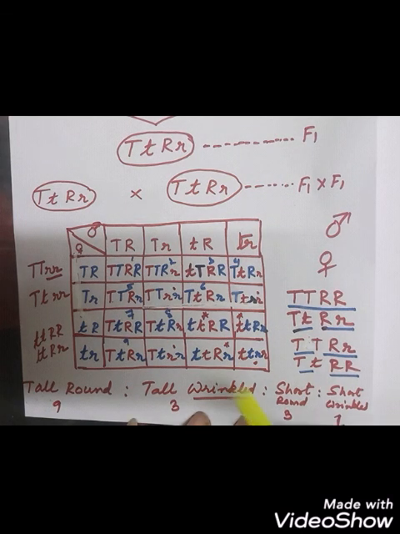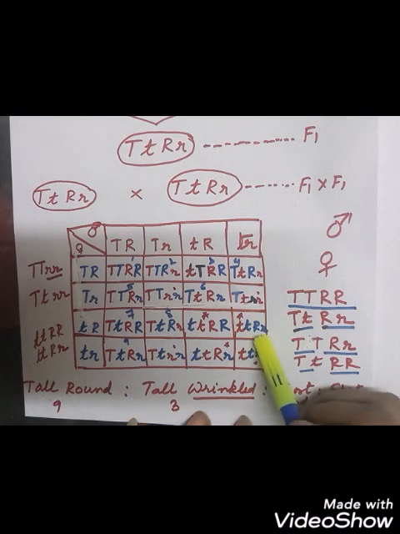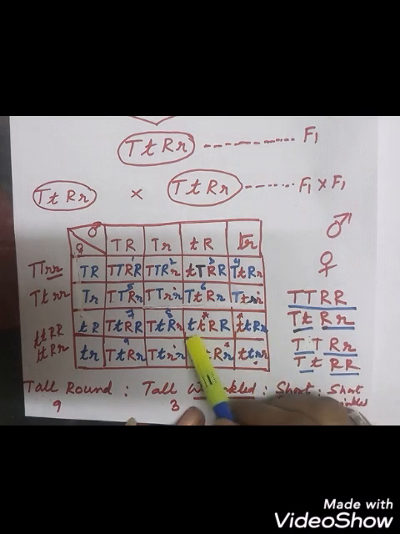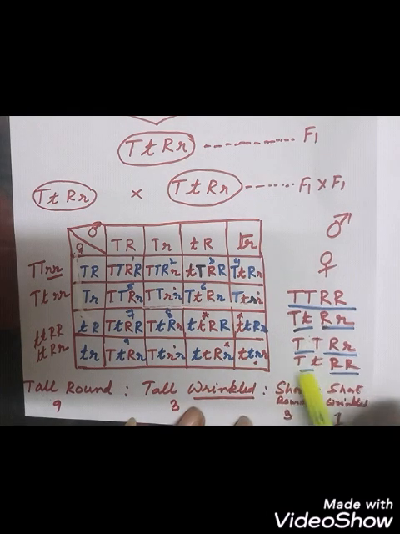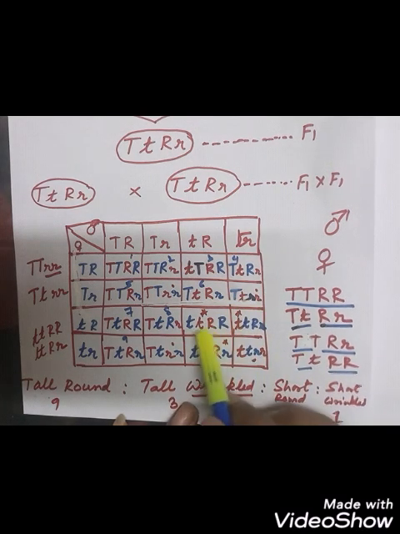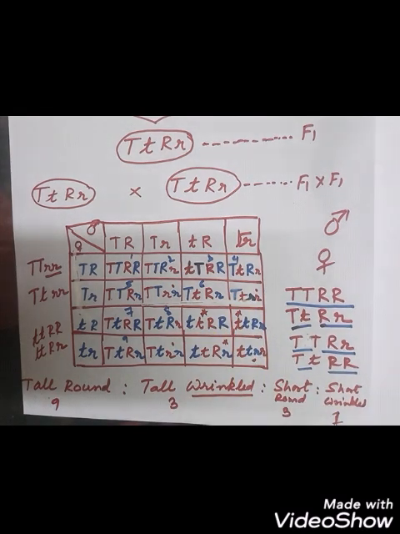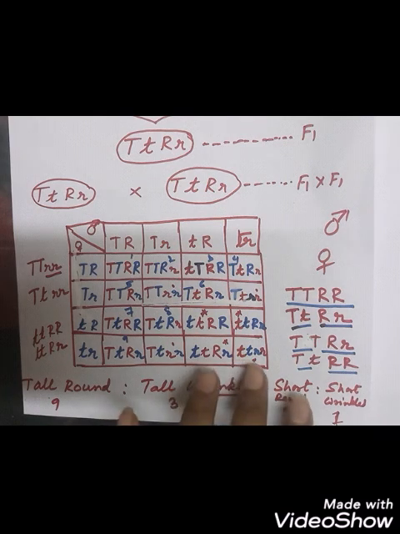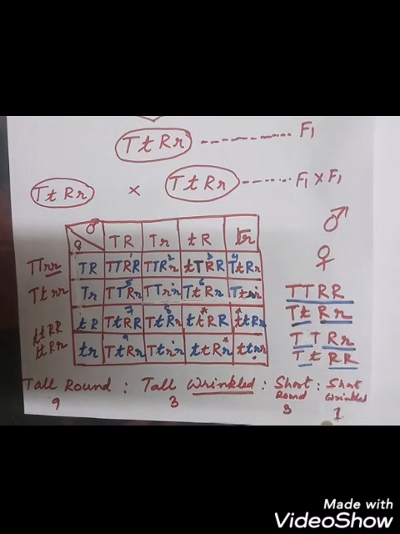Then for small t you can see here small t, capital R, small t, capital R, small t, capital R, small r. These are all short round, right? So this is 3. Here I have put star marks, 1, 2, 3. So short round is 3 and short wrinkled is 1. So what is this? Small t, small r, short wrinkled is 1.